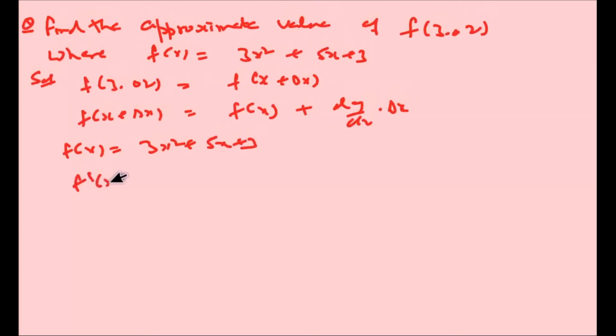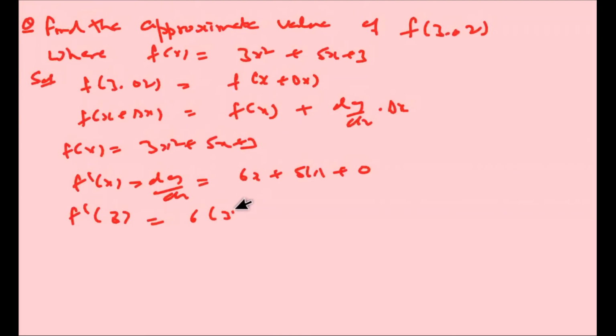So f dash x, meaning dy by dx, equals 6x plus 5 into 1 plus 0. So f dash at 3 is equal to 6 into 3 plus 5, equal to 18 plus 5, 23.